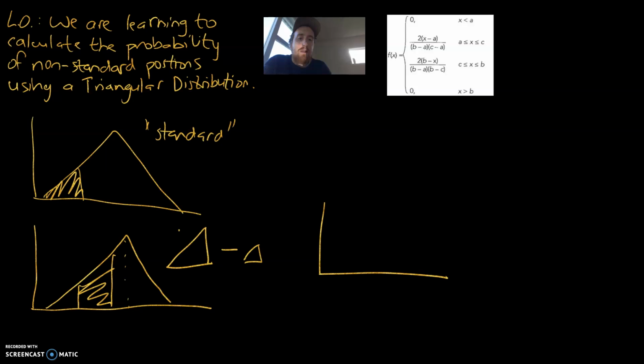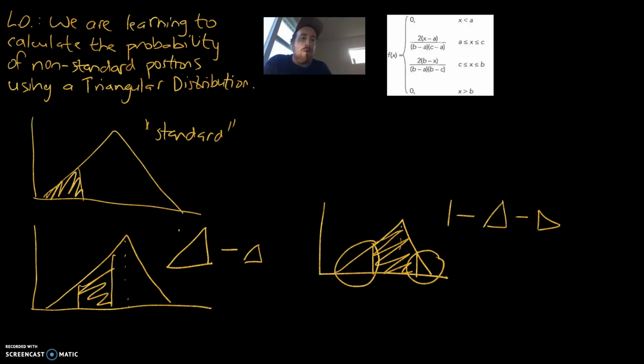And finally, you may also be asked weird questions that go either side of the peak. What's the probability of it being between there? Well, you need to find the probability of the left triangle, the probability of the right triangle, and then go 1 minus those. And that's what we've done there. So 1 minus the probability of the left triangle minus the probability of the right triangle.